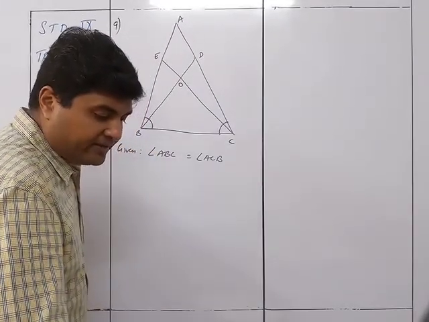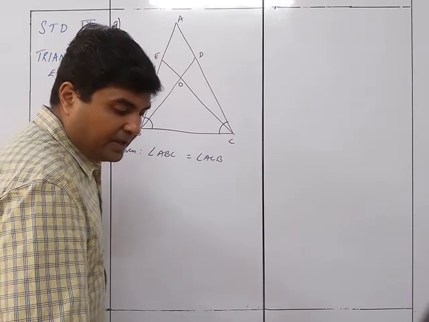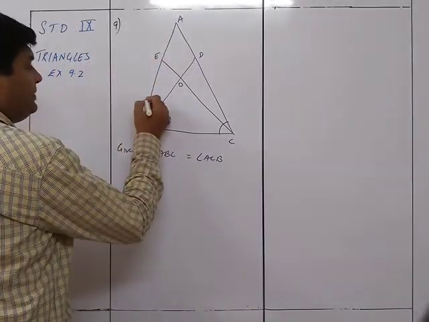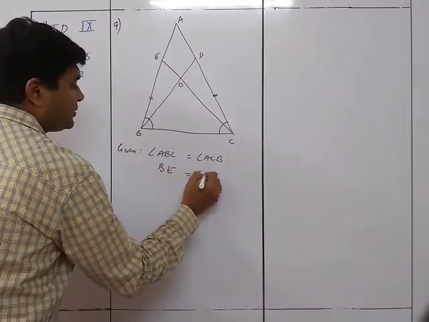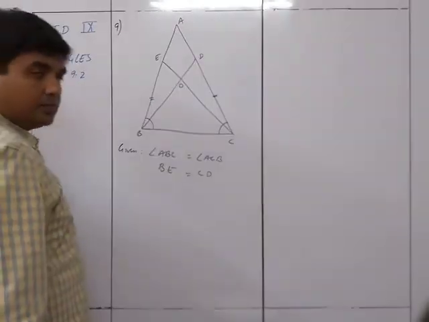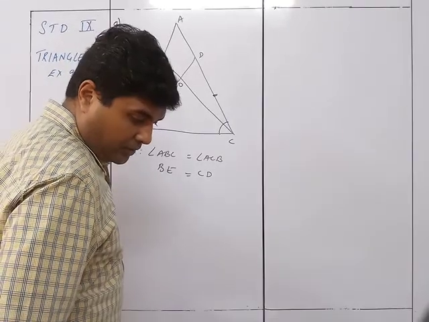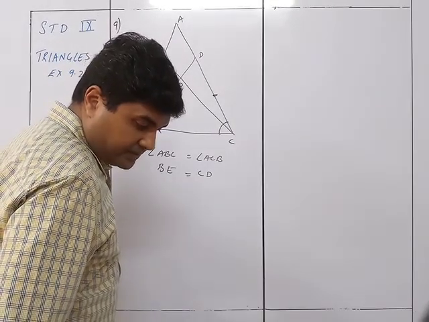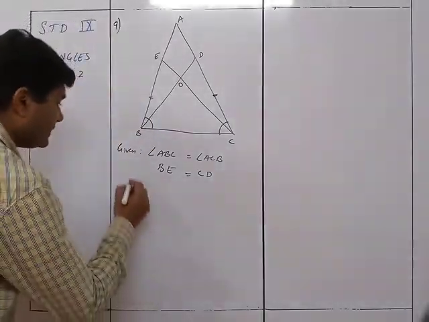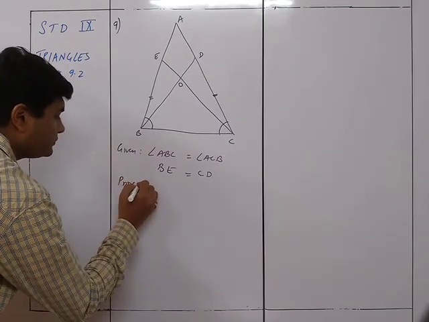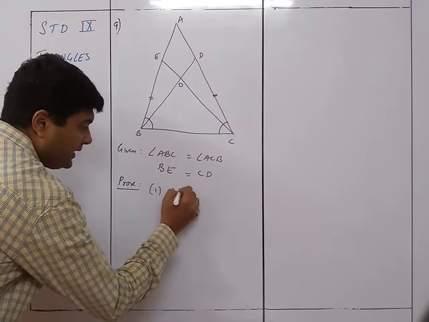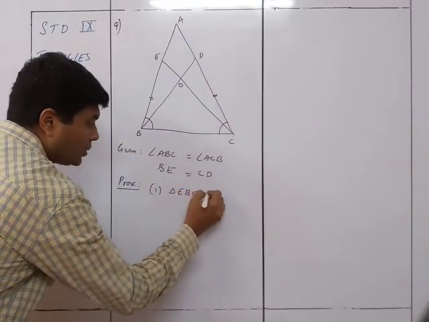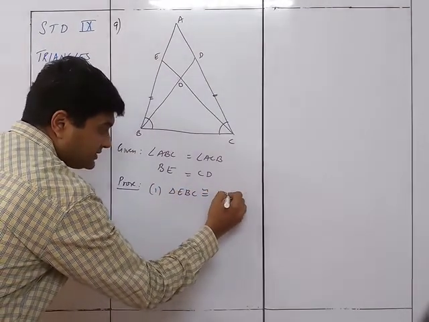D and E are points on AC and AB such that BE is equal to CD. BE is equal to CD. Okay. Good. Next, you have to prove that: first, triangle EBC is congruent to triangle DCB.